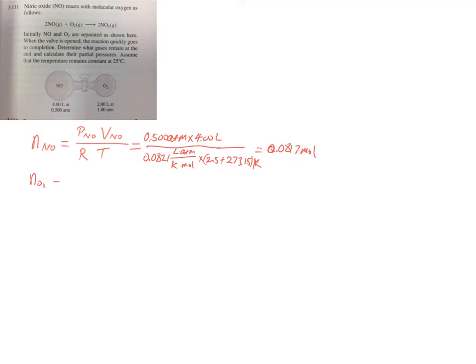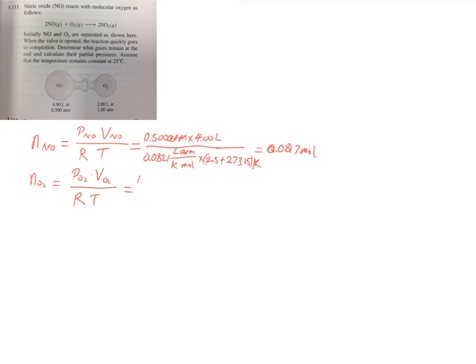And for oxygen, very similar. We have the pressure of oxygen, 1.00 atmosphere, and volume 2.00 liter. That is the partial pressure of oxygen times the volume of oxygen over RT.